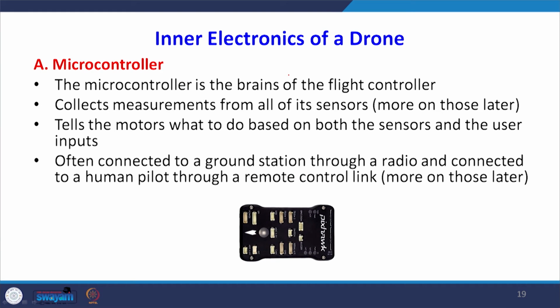Now there are some inner electronics of the drone, for example, the microcontroller. These inner electronics play a very important role, and this microcontroller is called the brain of the flight controller. It will provide all the instructions to control your entire flight.